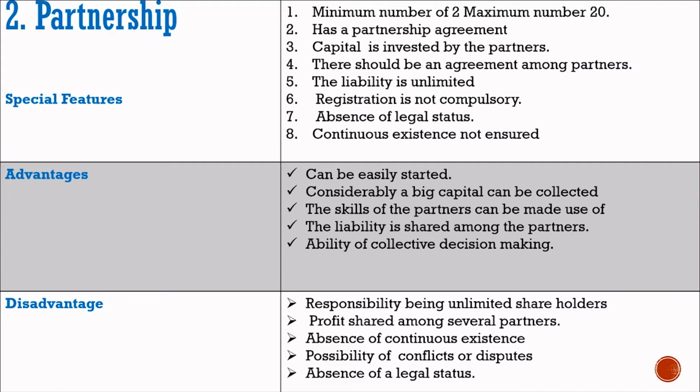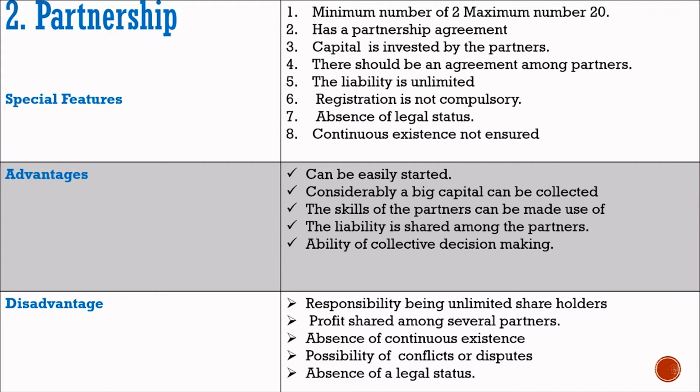They also have a set of disadvantages. As they have a set of partners, they have responsibilities to them, which is unlimited. The profit shared among several partners makes them have a little share of profit.